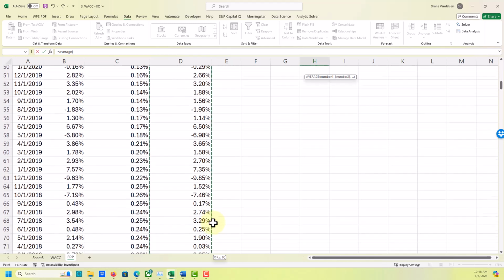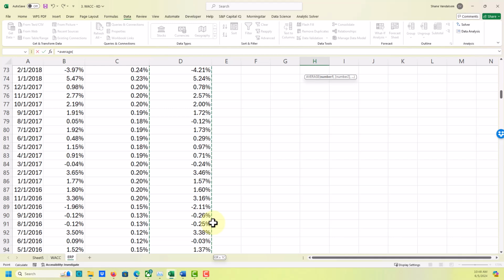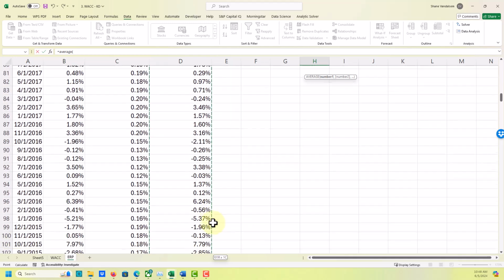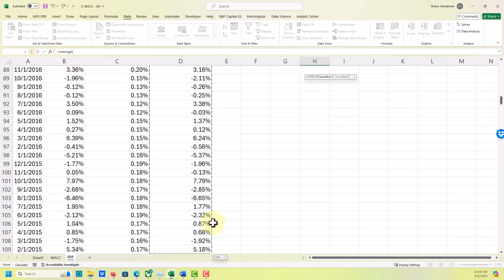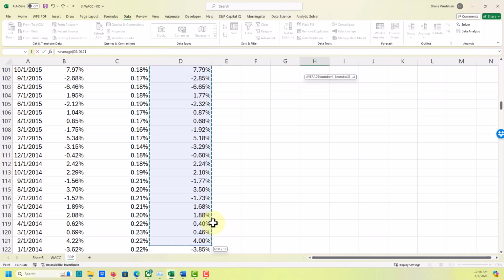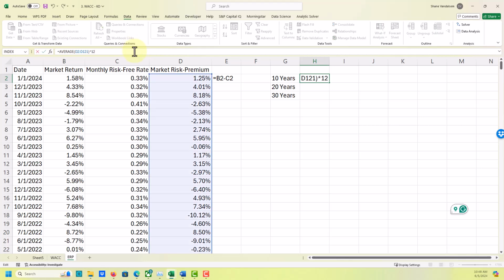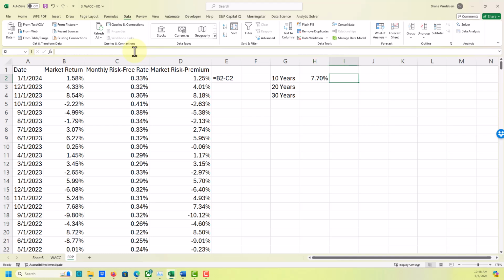And we're going to calculate the annual average market risk premium over that time period. So this will take us down to, there we go, February 1st, 2014. And we're going to multiply this by 12 to give us an average annual market risk premium.